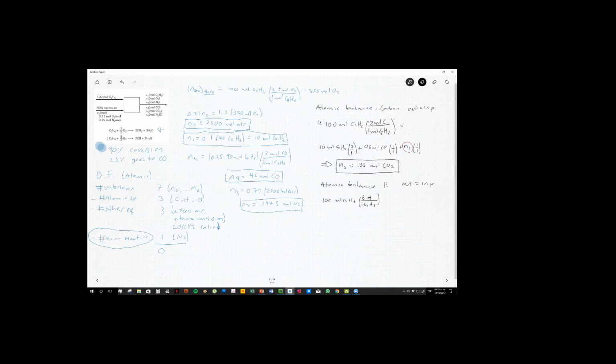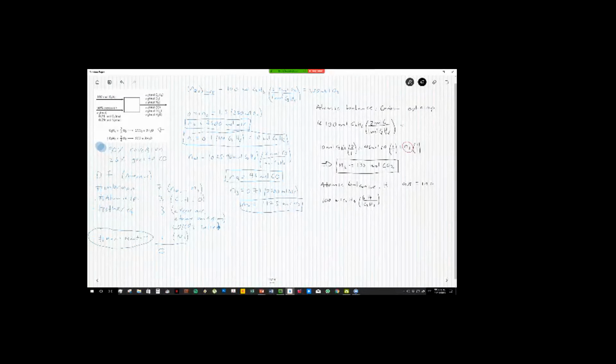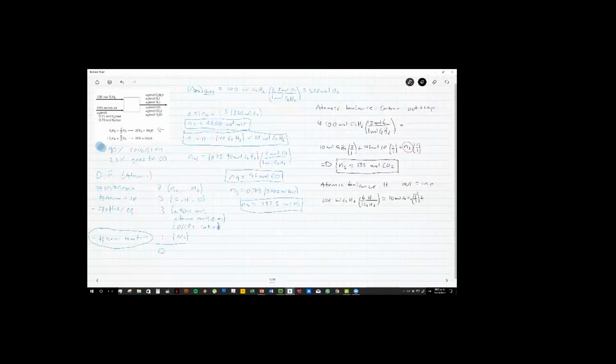And then we look for the other components that have hydrogen, in this case, the thing that didn't react, and the water. The thing that didn't react is 10 moles of ethane, and again for the relation 1 to 6, plus the value that we don't know for water, that is N4. And for each molecule of water, we have 2 atoms of hydrogen.